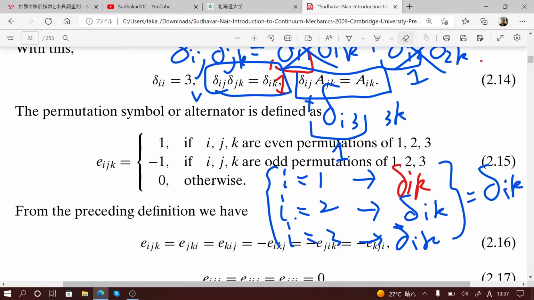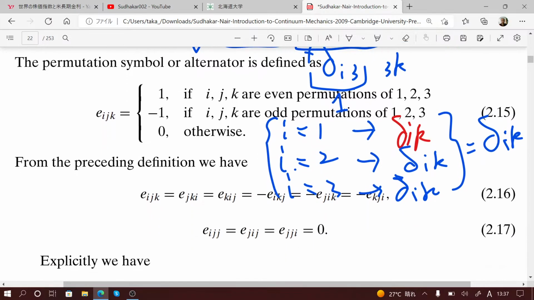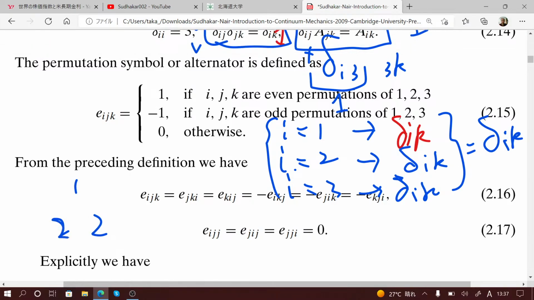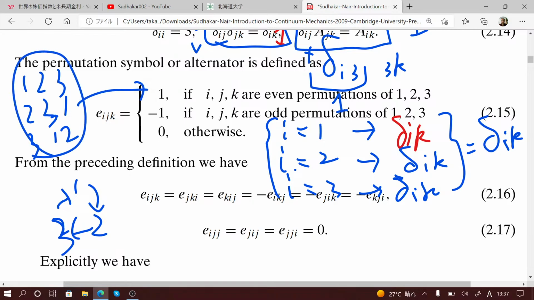The permutation symbol or alternator is defined as epsilon ijk is 1 if ijk are an even permutation of 1, 2, 3. This even permutation is like 1 2 3, 2 3 1, 3 1 2. These are even permutations.